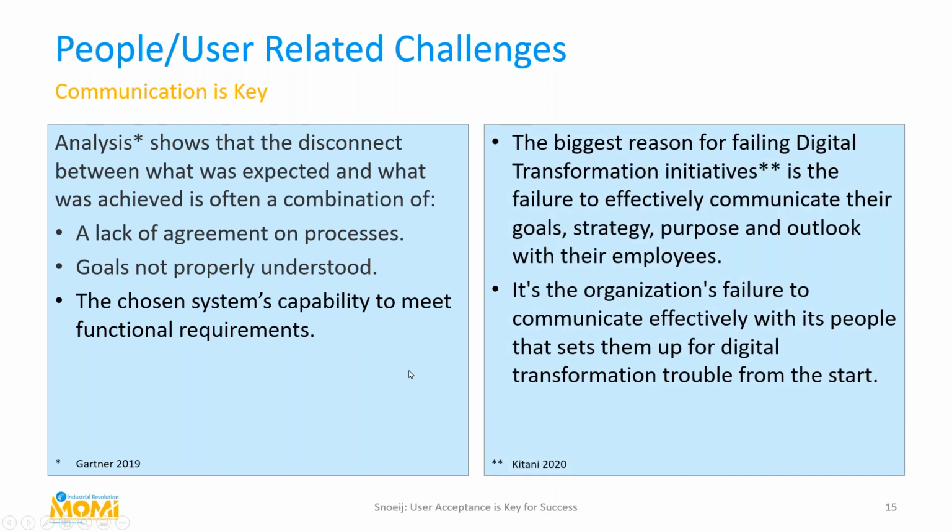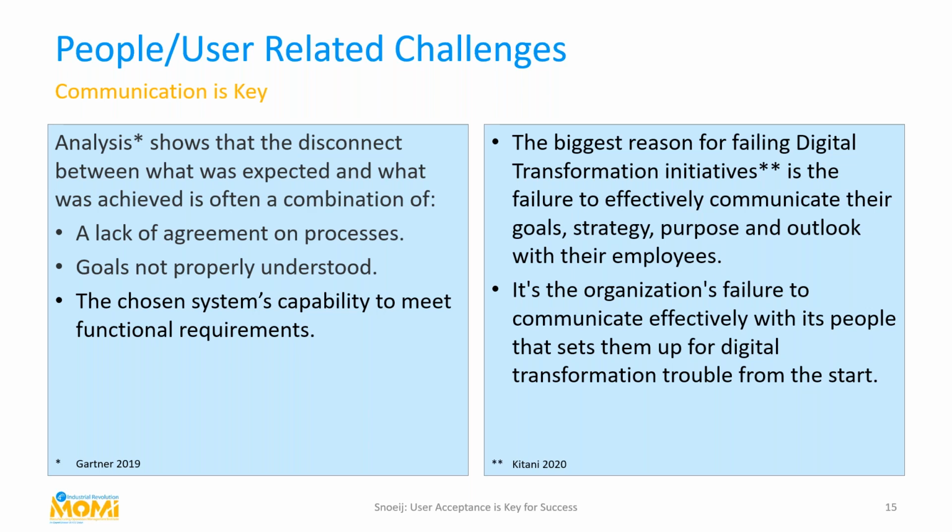Another one is from Kees Kitani, who published this in 2020, and did some research into initiatives with respect to digital transformation. He observed a large number of large companies, major players also, and there was a huge amount of money involved. But unfortunately, it's really a pity that they were not able to communicate their goals, their strategy, their purpose, and the outlook with their employees properly.